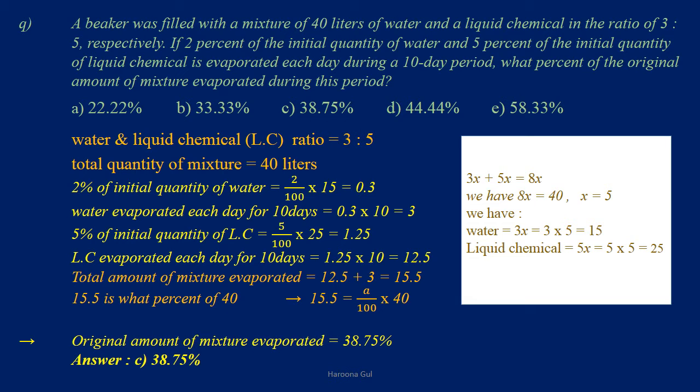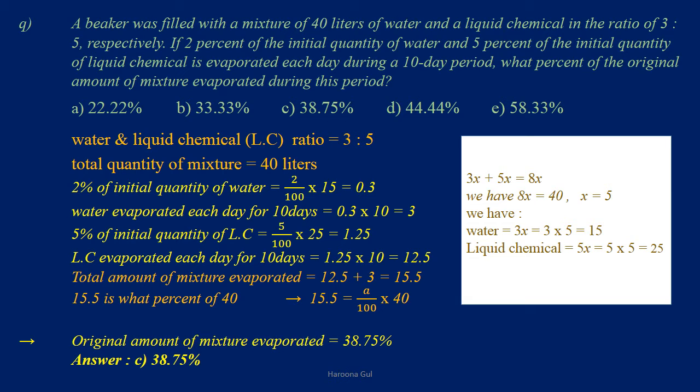Now 2% of the initial quantity of water means 2 by 100 into 15, right, which is equal to 0.3. And because the evaporation is consistent, we're going to multiply 0.3 with 10 to get 3, that is the water evaporated over 10 days, right?